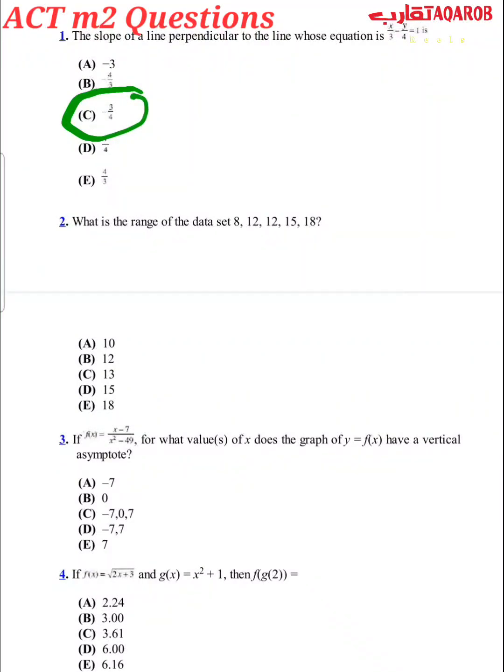Now substitute 5 in f of x. F of 5 equals square root of 2 times 5 plus 3, so square root of 13. Square root of 13 is 3.61. So the answer here is C.